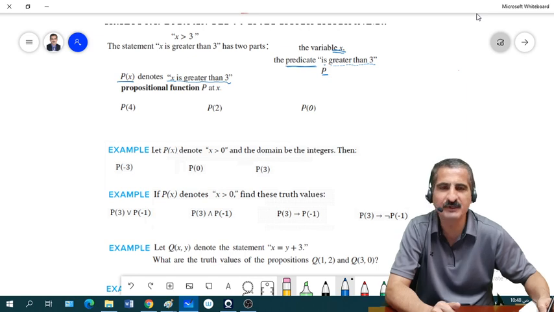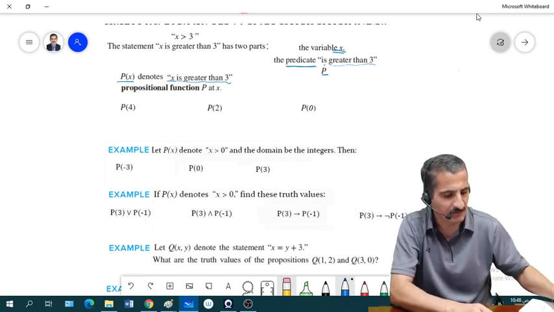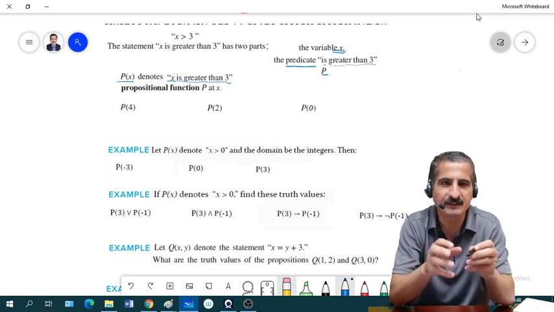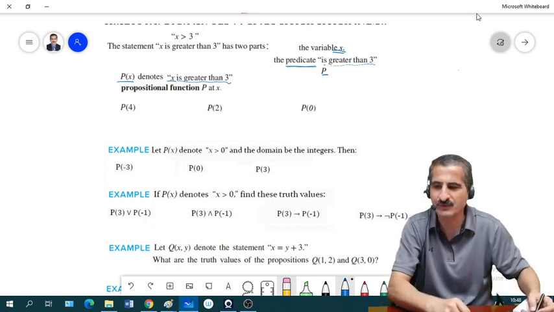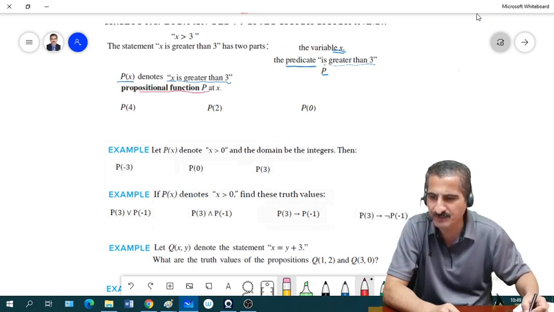This behaves like a function where P, the predicate, is applied to the variable x. So we will call it a propositional function, propositional function P at x.